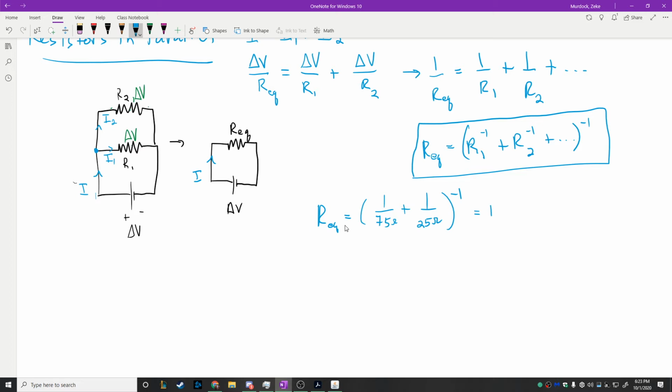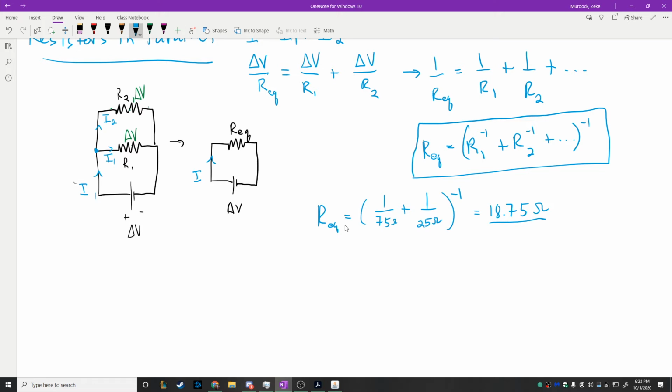Yeah, 18.75, okay. Once again, in this case, the equivalent resistance here ends up always being smaller than the individual resistances. Whatever the smallest one is, this is going to be smaller than it. So in this case, your equivalent resistance has to be smaller than 25 ohms.